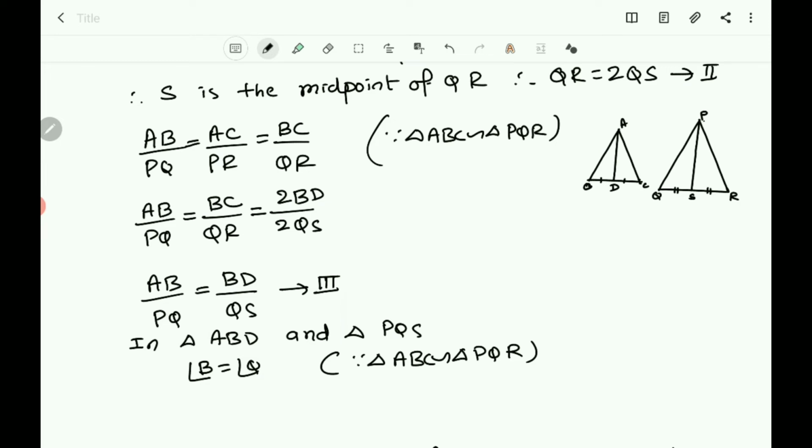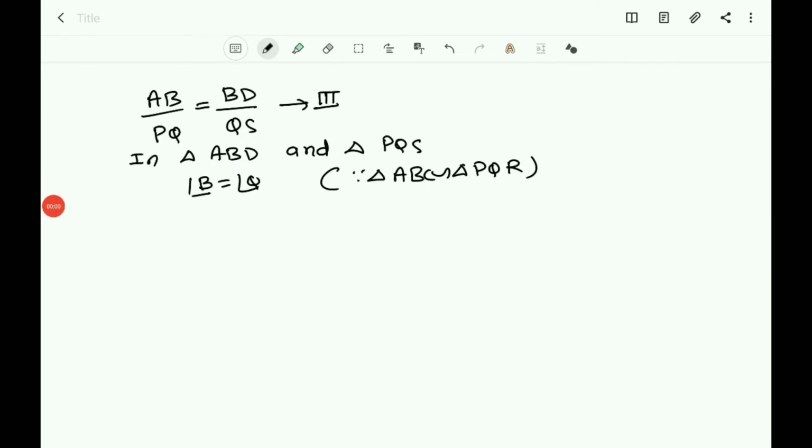Therefore, angle B is equal to angle Q. And the ratio AB by PQ is equal to BD by QS is from the third.